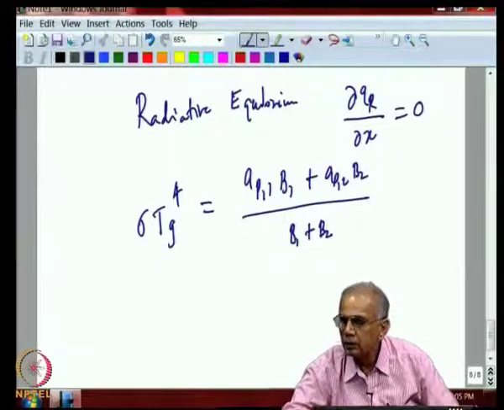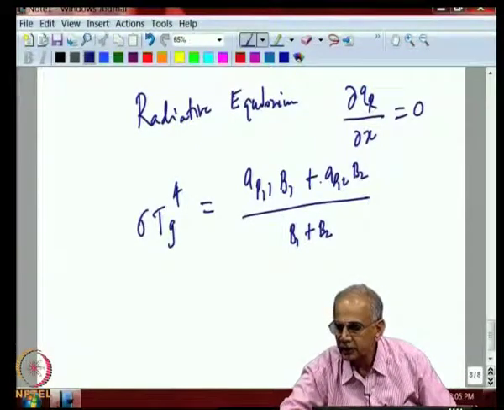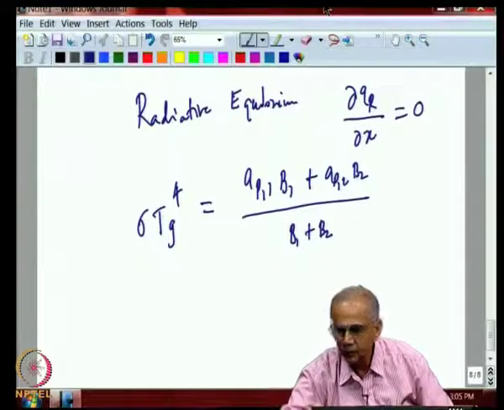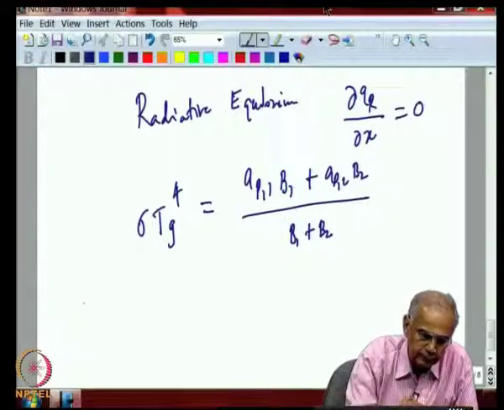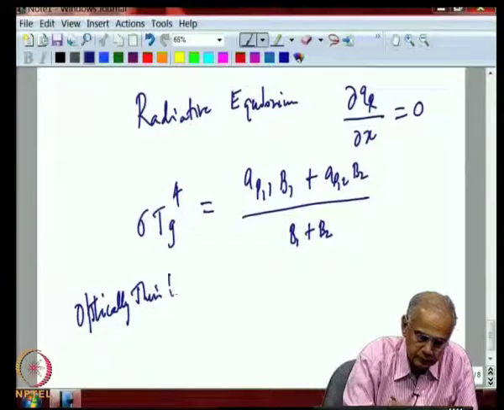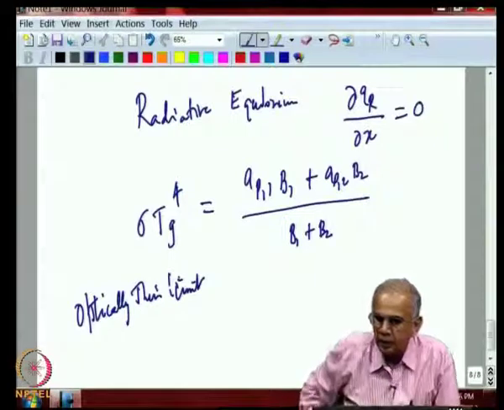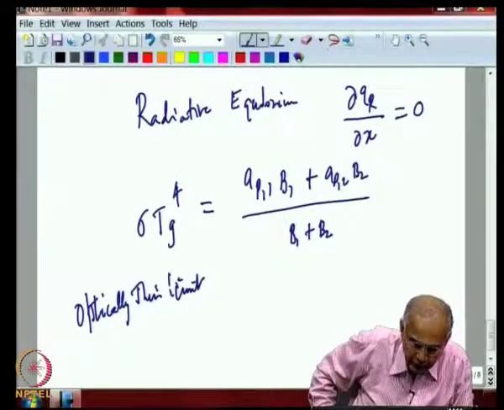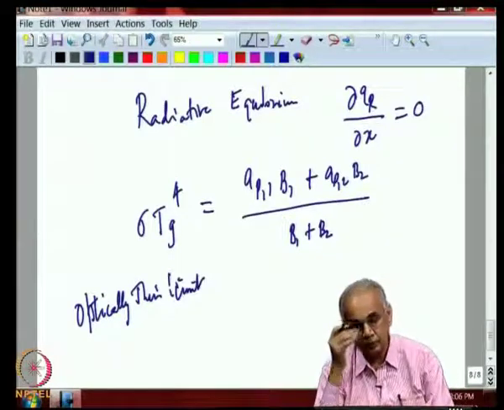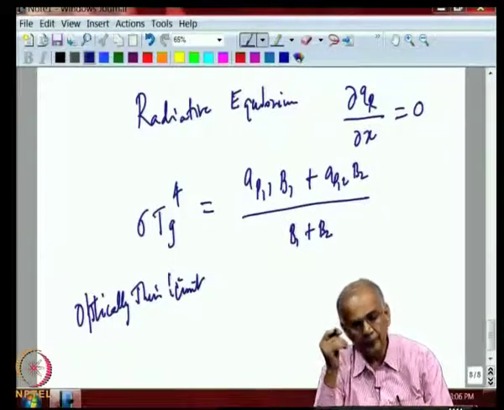Now, the next step is, after having defined the thin limit. So, notice that in the thin limit, the equation for radiative heat transfer becomes an algebraic equation. So, it is easy to solve the equation either analytically or numerically.